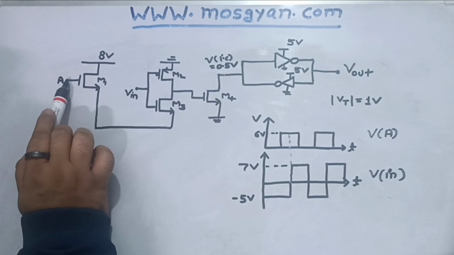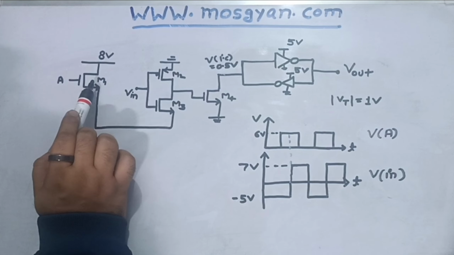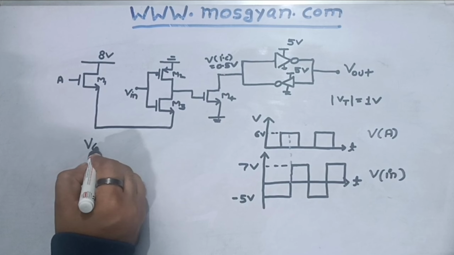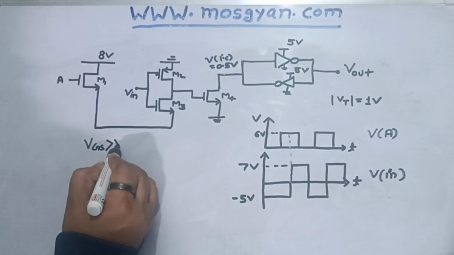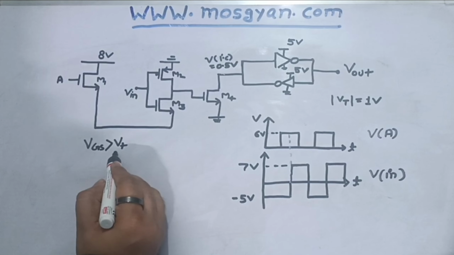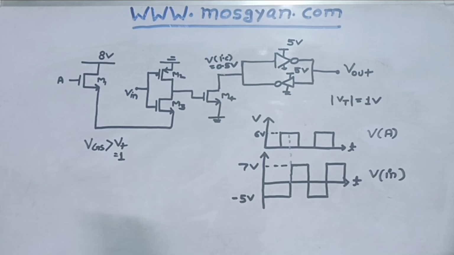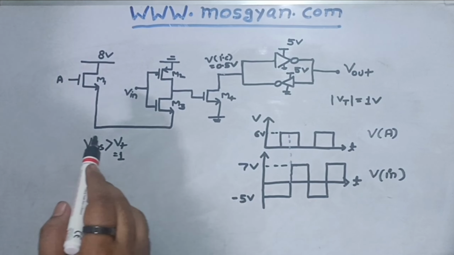Unless VA reaches more than 1 volt, this NMOS will not turn on, because to turn it on, VGS should be greater than or equal to VT, which is 1 volt.